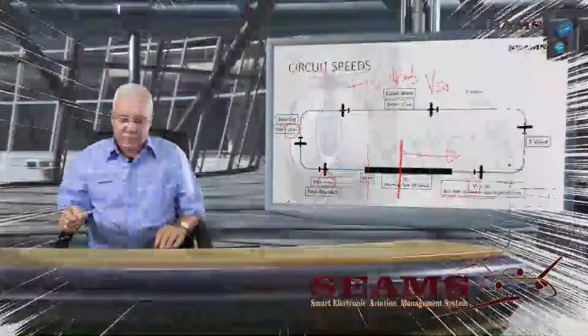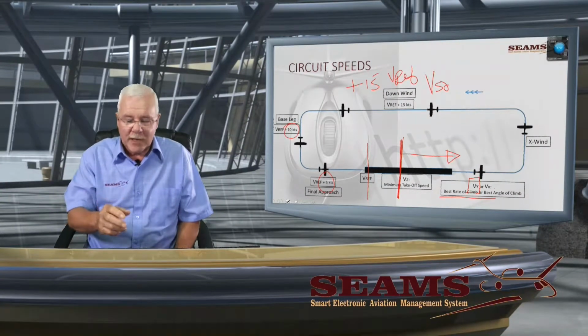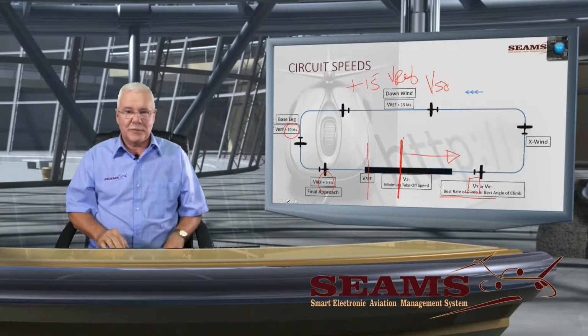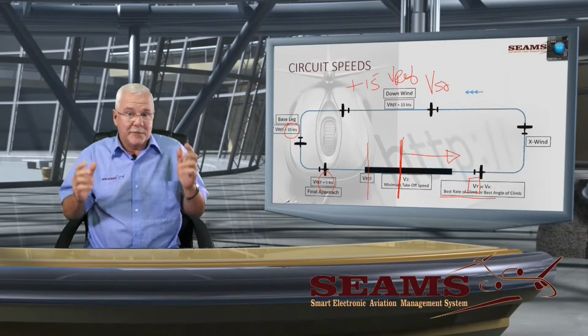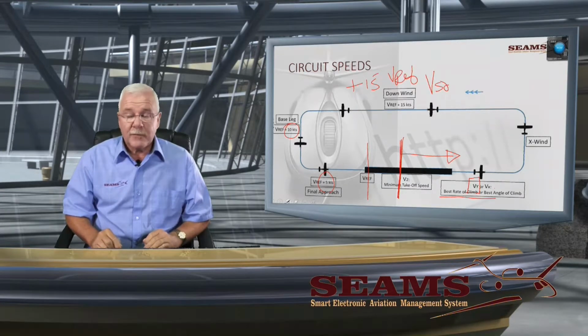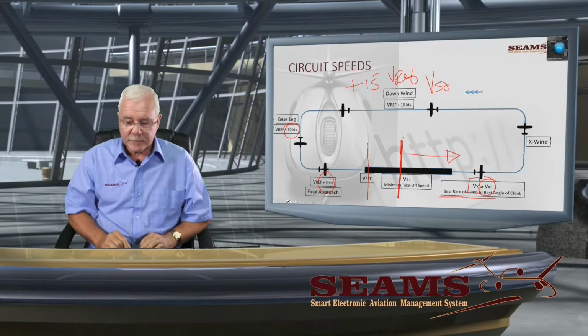Just note here, Vx is used if required. Normally in a touch and go, we don't do a best angle of climb, unless it's very needed. If you can fly in short strips, you better be able to apply Vx as well.